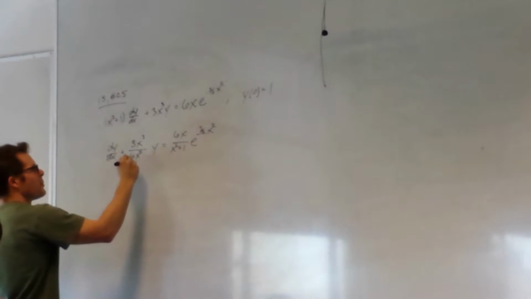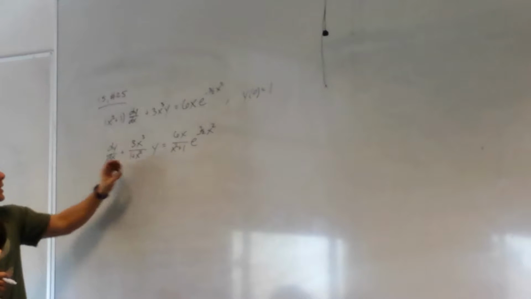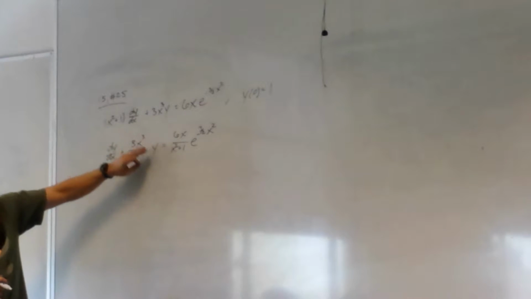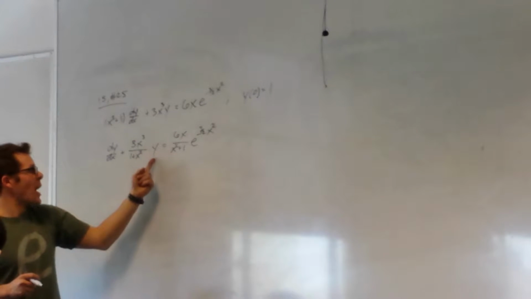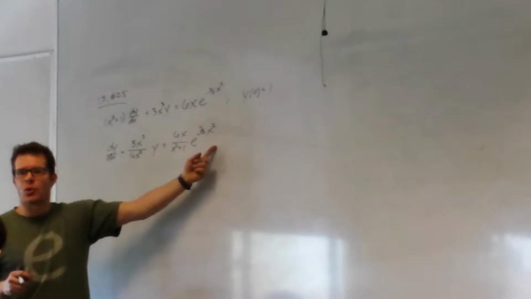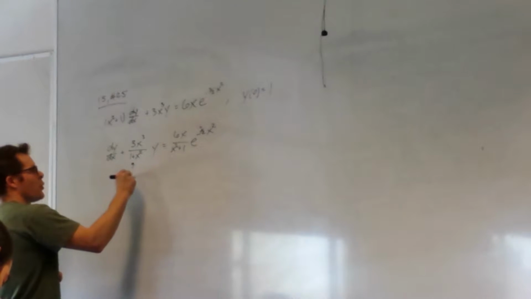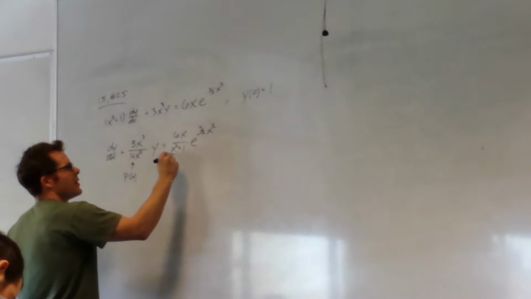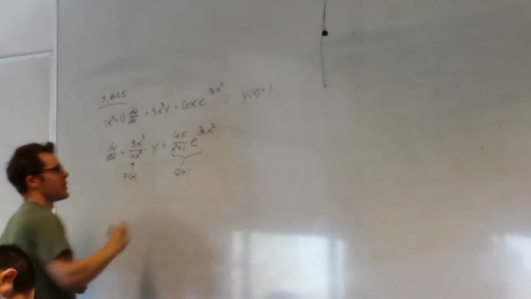It doesn't look very linear, but linear first order means linear in y: dy/dx plus some function of x times y equals some function of x. That's our p of x, and this giant piece is the q of x.